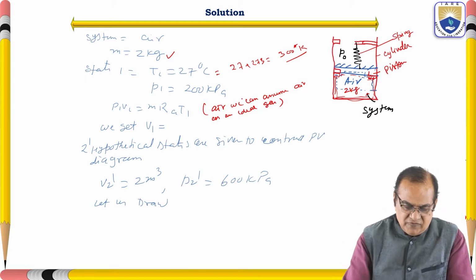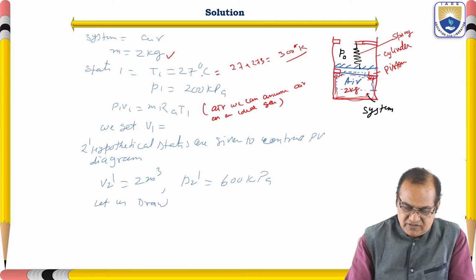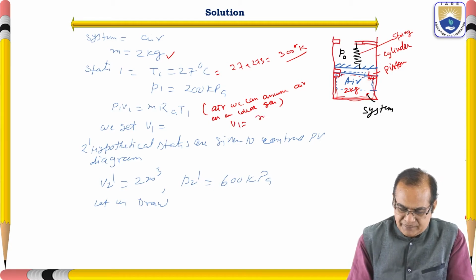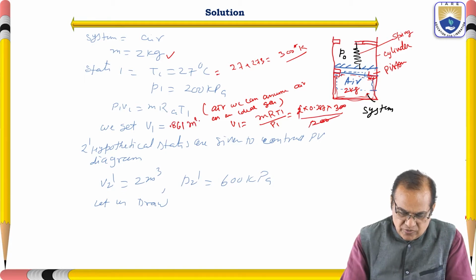We know P1, we know T1, we know R, we know M. So V1 is equal to M R T1 by P1. M is equal to 2, R is 0.287 into T1 is equal to 300 divided by P1 is equal to 200, in meter cube.